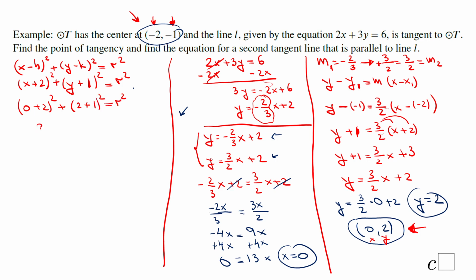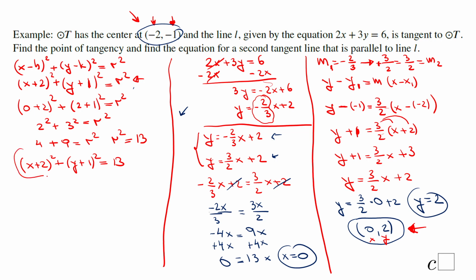So we have 2 squared plus 3 squared equals radius squared. This is 4 plus 9 equals radius squared. So the radius squared will be 13. Now we go back here and we have the equation: (x plus 2) squared plus (y plus 1) squared equals 13.